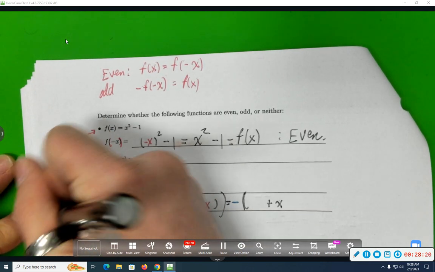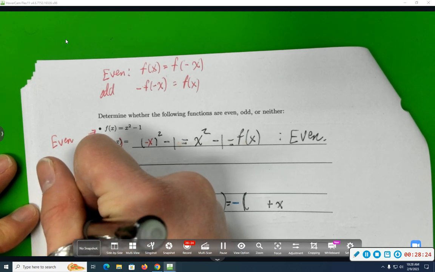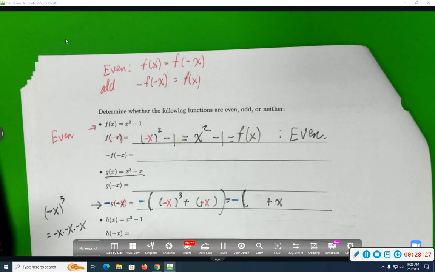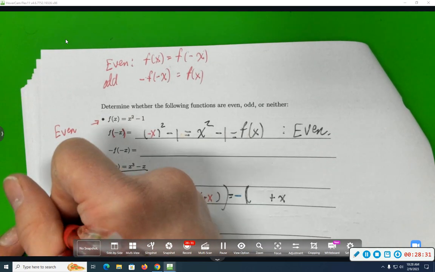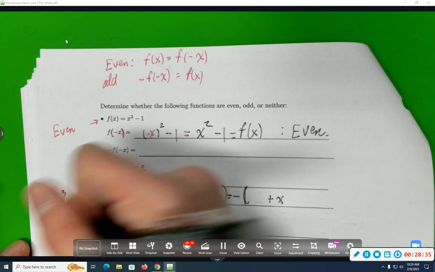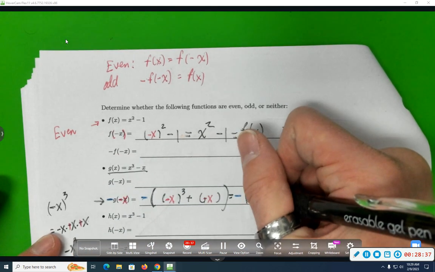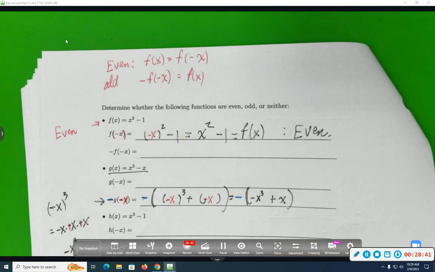Negative x cubed is negative x times negative x times negative x. Those two negatives cancel, leaving you with x times x times x, or x cubed, and it's negative. So negative x cubed plus x. Alright, what simplification seems sensible to do next?